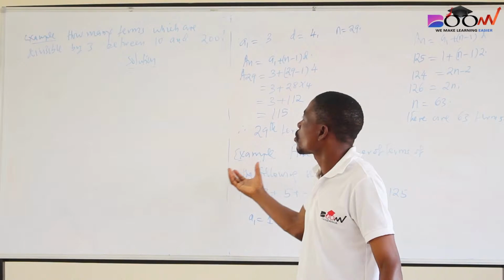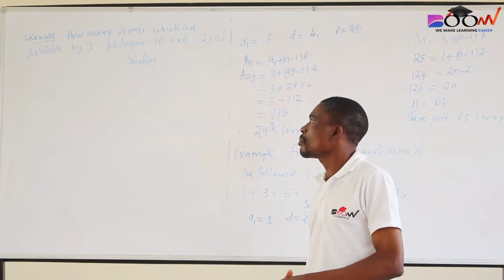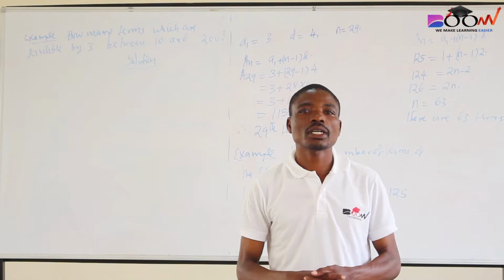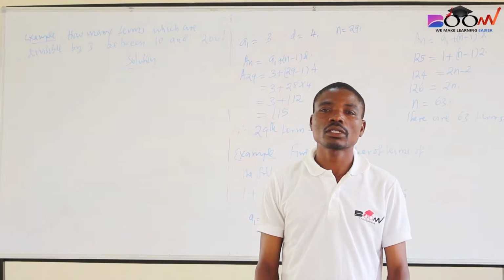The idea of sequences and series may enable you to get how many terms are divisible by 3 between 10 and 200.